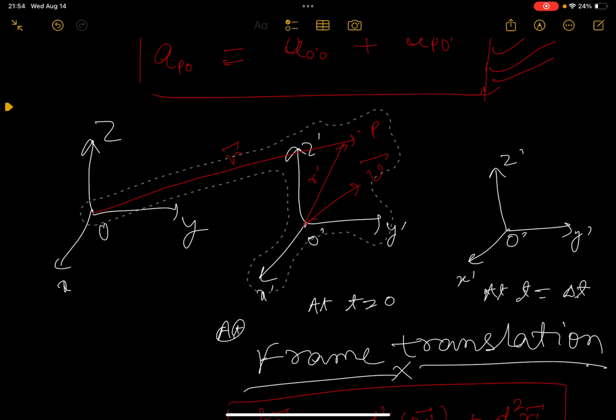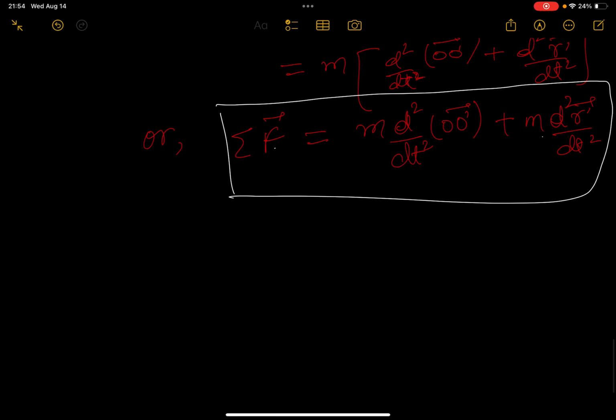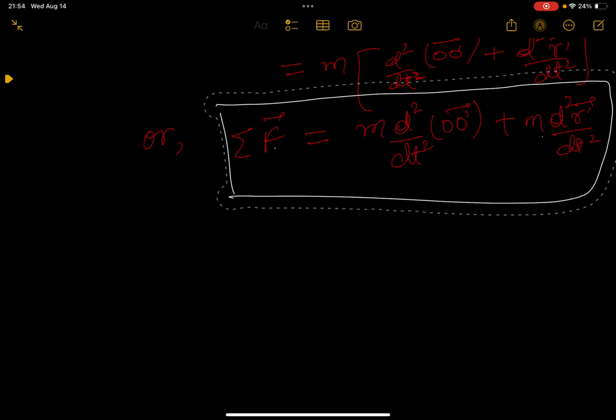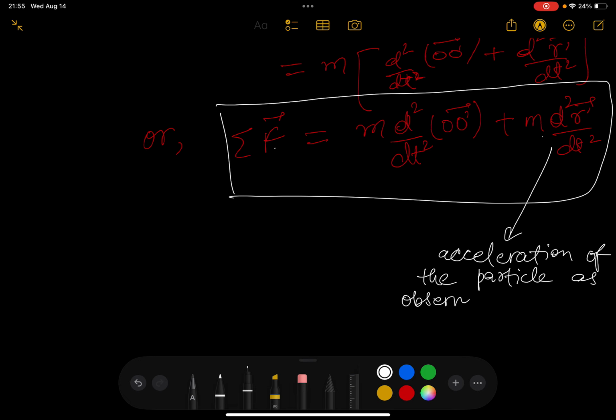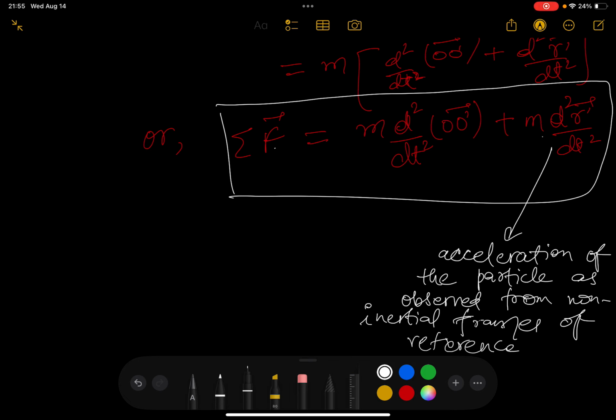So this one is acceleration of the particle as observed from non-inertial frame of reference o dash, x dash, y dash, z dash.